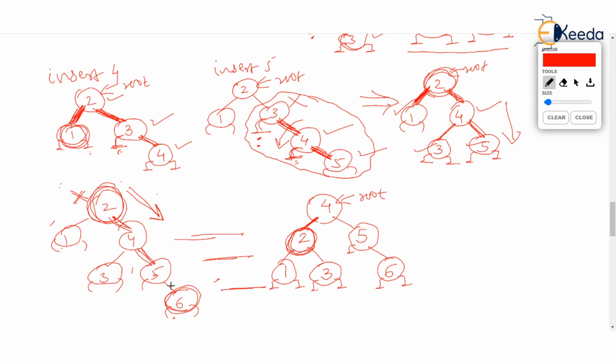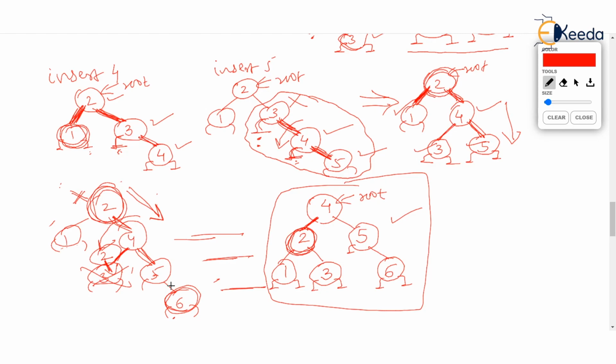And if it is right, right case, then whichever node is not balanced, 2 is not balanced, is rotated to the left. So 2 takes over this node, 3 is lost and 2 becomes left child of 4. But then don't worry, we will insert 3 again in the tree using the usual insertion algorithm. And now we have a binary search tree which is balanced.